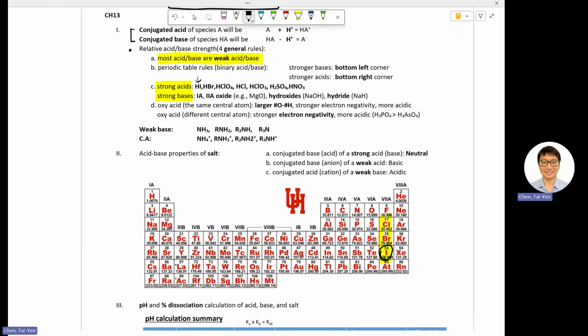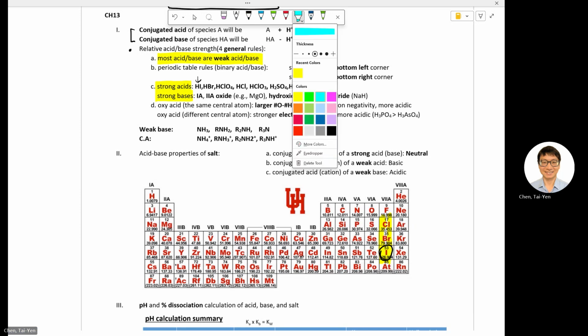You should also see that if it is an acid, it must come with H, right? Because H eventually becomes H plus once they dissociate. Those are the features that you can pay attention to, to help recognize whether you have an acid or base. So 7 strong acids, very easy to memorize. How about strong bases?